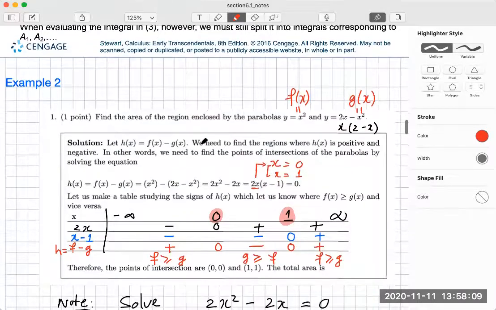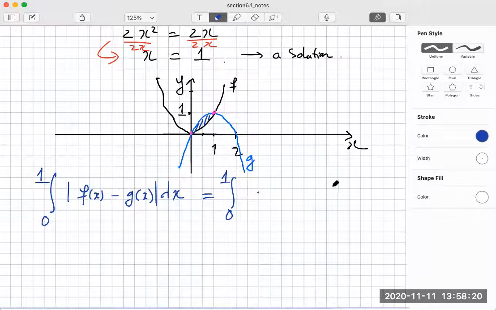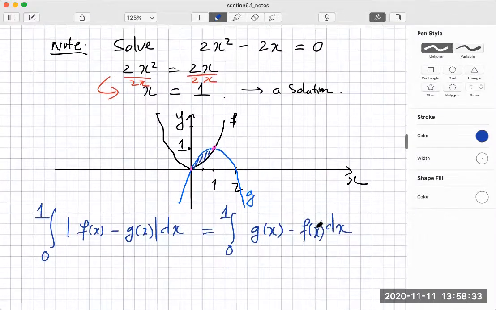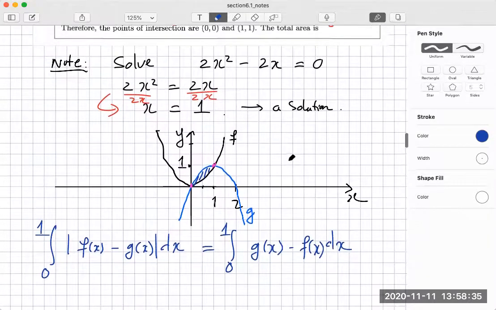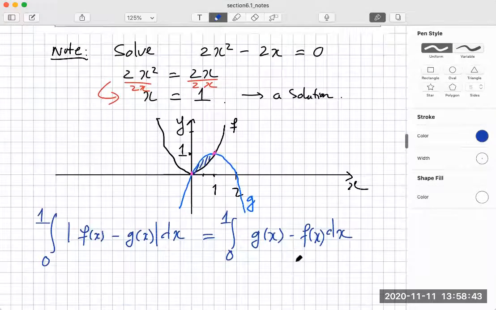Or in our case here, g is larger than f, then this integral becomes the integral from 0 to 1 of, very good, thank you, Matthew. So, is it clear enough? This is the reason why we need to compute this table. If we know the table here, we determine which one is larger, then we can get rid of the absolute value.